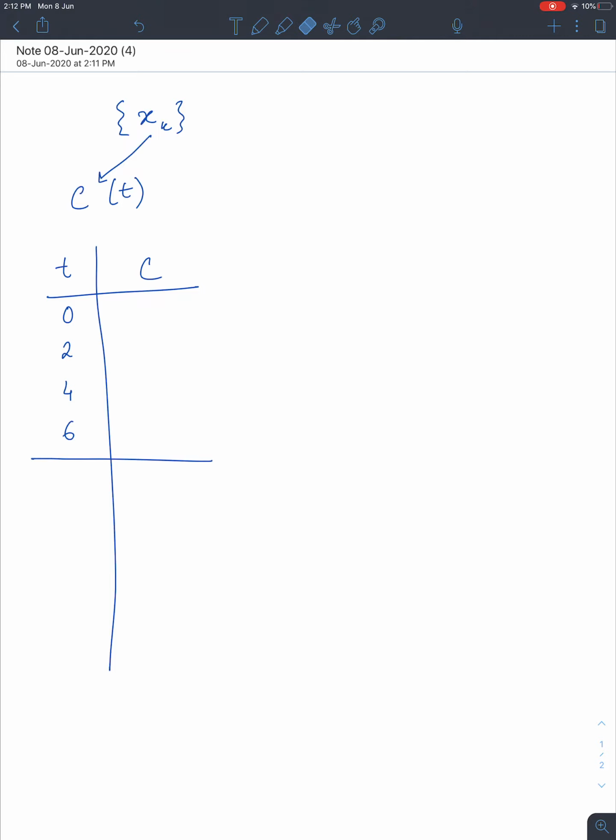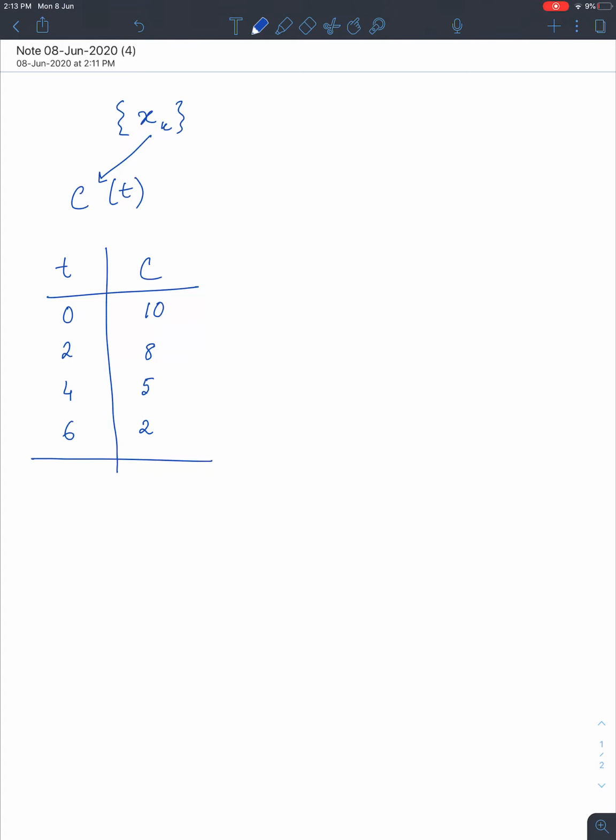I'm not going for all the points, of course, but let's say I have only these 4 points at these different times, and to make life easy let's use whole numbers for the concentration: 10, 8, 5, and 2.